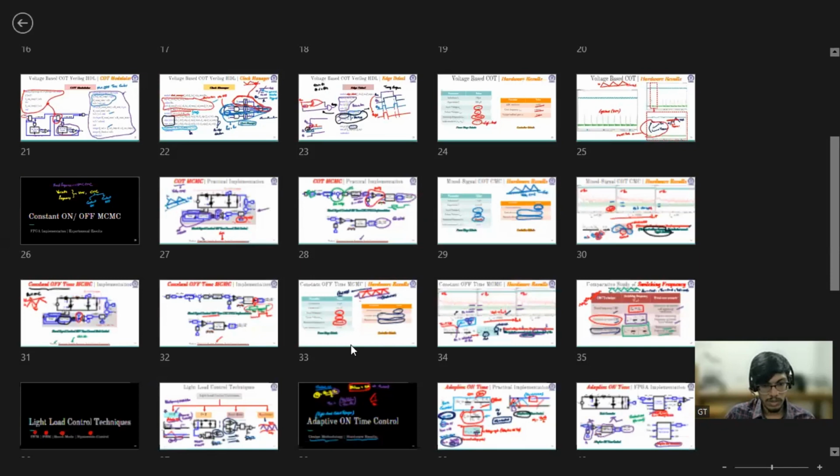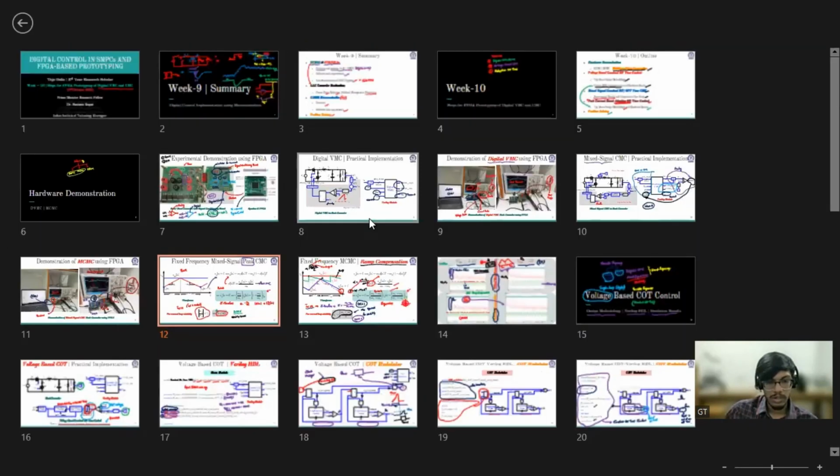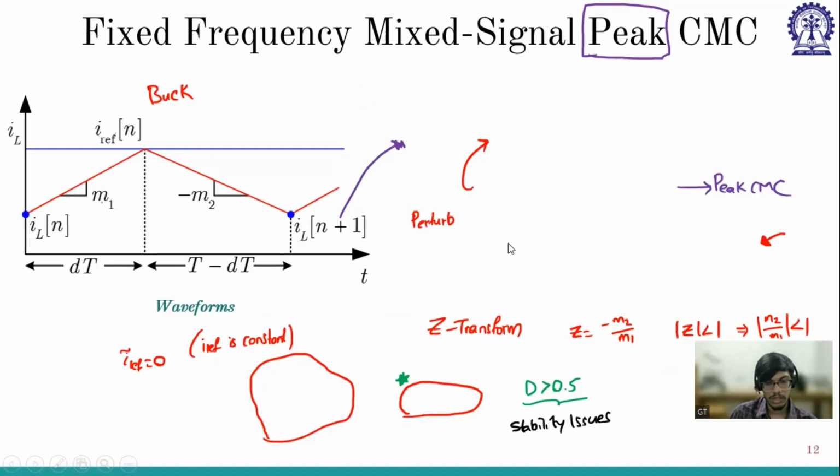Sir, when we talk about stability in all these, suppose we are saying the system is stable when D is less than 0.5.